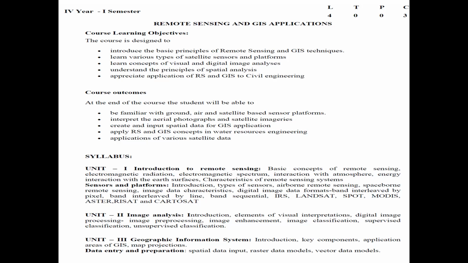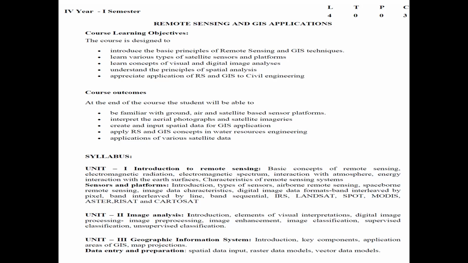Another one: create and input spatial data for GIS application, how to create it, how to give the input, and how to gather the information.